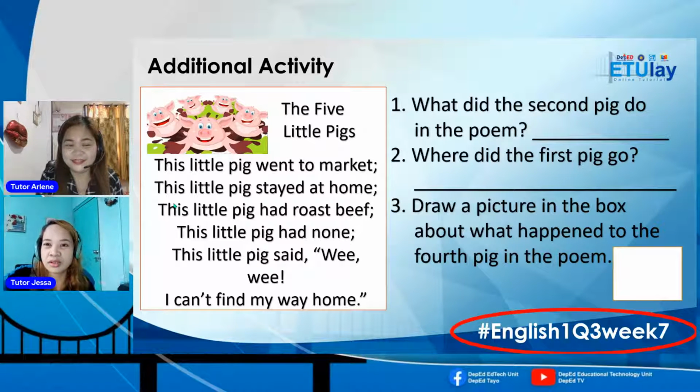Kasi ang iba nag-hashtag, binubuo nila yung Q3, quarter 3 ang nilalagay nila. But minsan yun na lang din ang tinatype namin. English 1, quarter 3, week 7. Okay? So, kids, sorry kung minsan nalalampasan namin ang inyong outputs. Huwag kayong mag-alala. Babawi kami some other time.